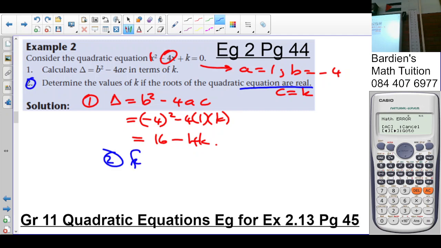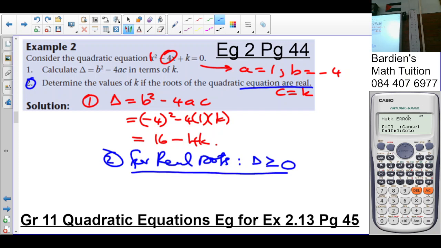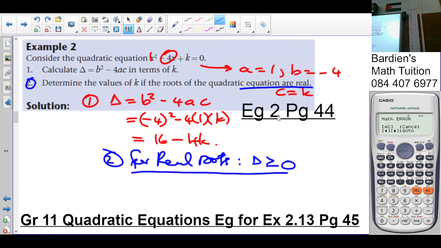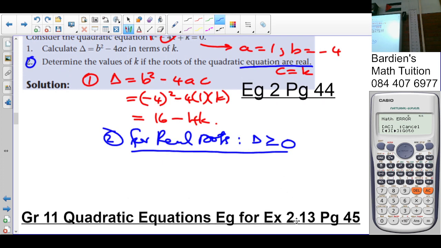So I say here, for real roots, what can I say? Delta is greater than or equal to 0. Okay? For real roots, delta is greater than or equal to 0. We have worked out delta to be 16 minus 4k, which will be greater than or equal to 0. So negative 4k is greater or equal to negative 16.